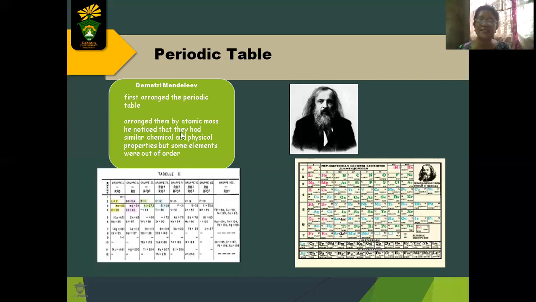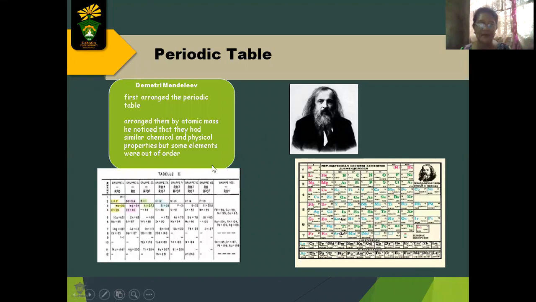Now, he noticed that they have similar chemical properties, but some elements were out of order. Some coincided, some did not. Why? So this is the old periodic table that was discovered by Mendeleev.